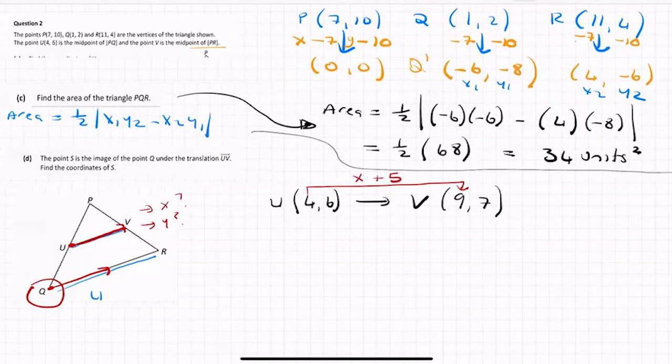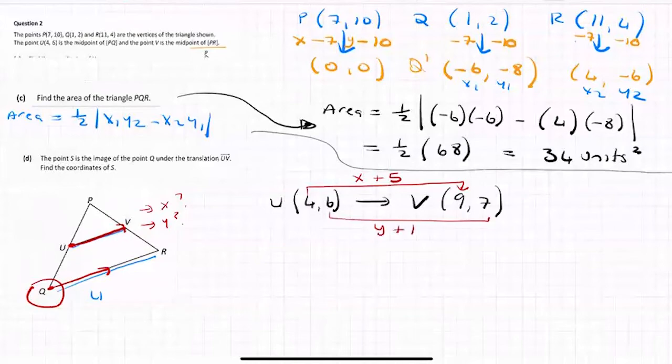And that makes sense because I went that way. Okay, and then in the Y direction, I went from 6 to 7, so I went up 1. And again, that makes sense because it's quite a small slanty line. So I haven't gone up that much in the Y direction. If I'd gone from U to P now, I would have gone up much more in the Y direction. Okay, so that's the translation under UV.